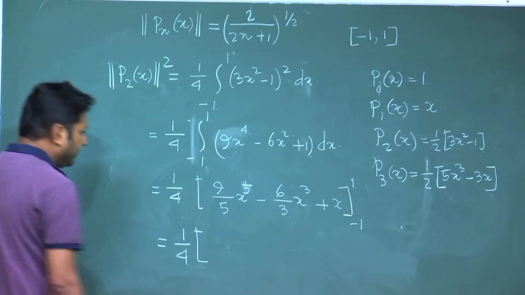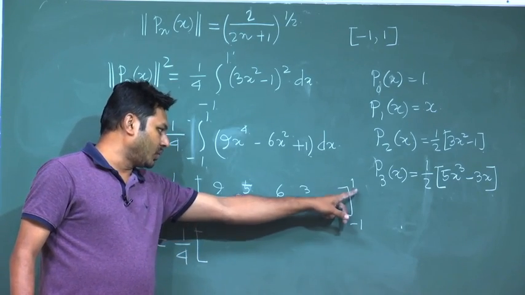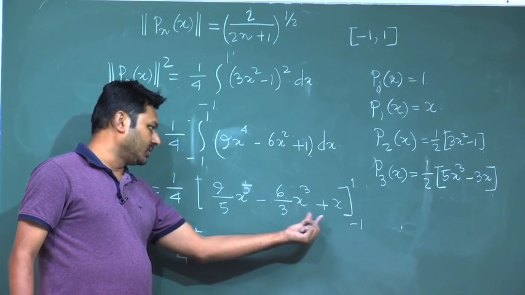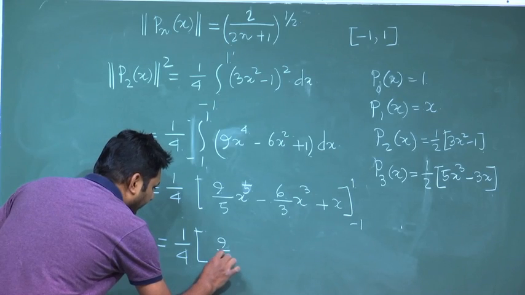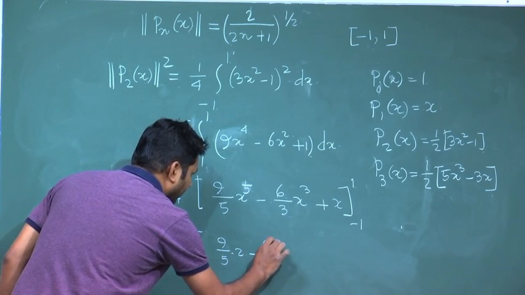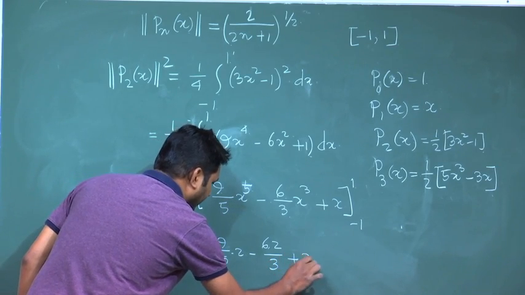Now, if I put in the limits, this is odd, this is odd, this is odd, from minus 1 to 1. That means this will give 2, this will give 2, this will give 2. So, 9 by 5 into 2, minus 6 into 2 by 3, plus 2.